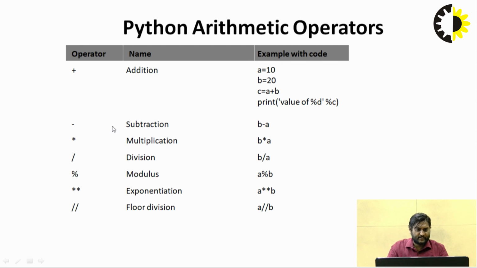Next is subtraction. Subtraction is B minus A, 20 minus 10 is 10. Multiply B star A, division, modulus, exponent and floor division are the arithmetic operations.